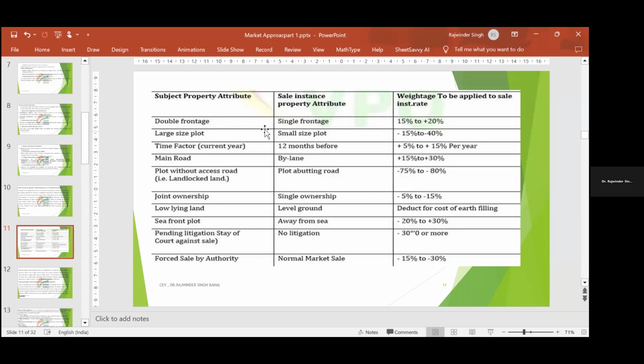So you will increase the rate by 15 to 20%. This is just a thumb rule. Not exactly, it will depend upon the condition in a particular area for a particular case. It will change from case to case and area to area. So generally it is 15 to 20% more for double frontage. Double frontage means front and back.